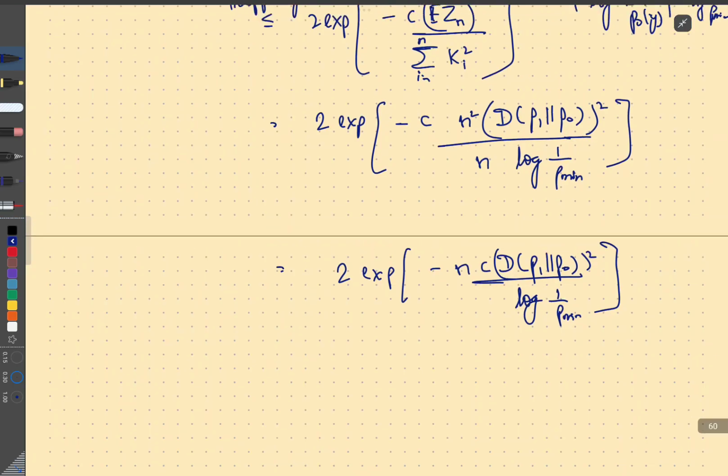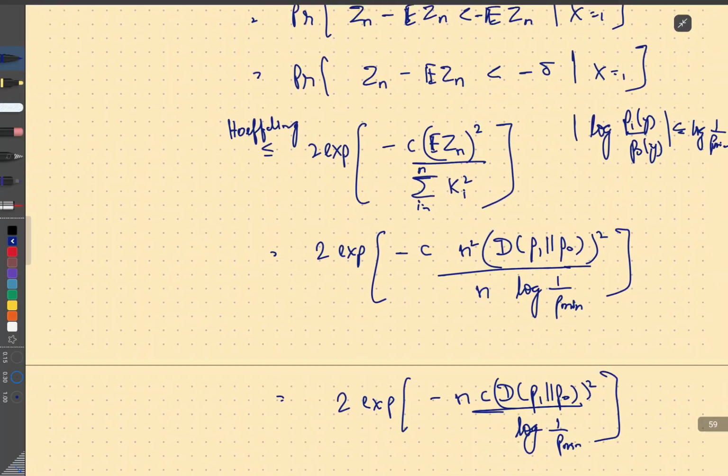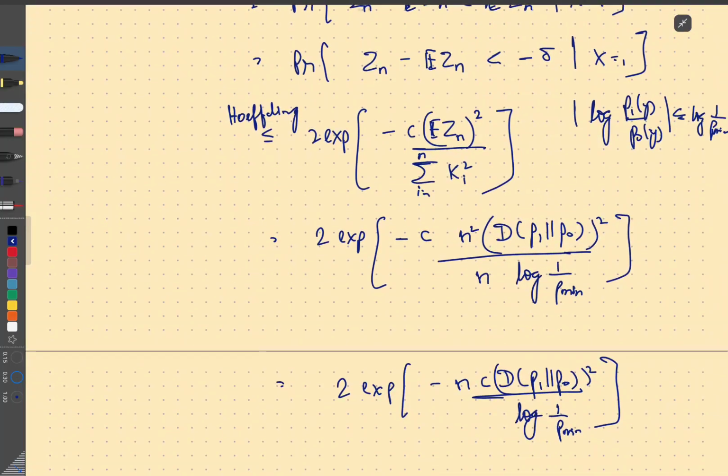Alright. And in this whole analysis, we didn't really assume anything about the distribution Py, except for the fact that the probabilities are all strictly greater than 0. That was the only assumption we required.